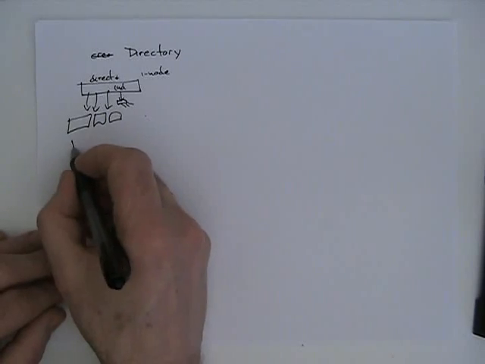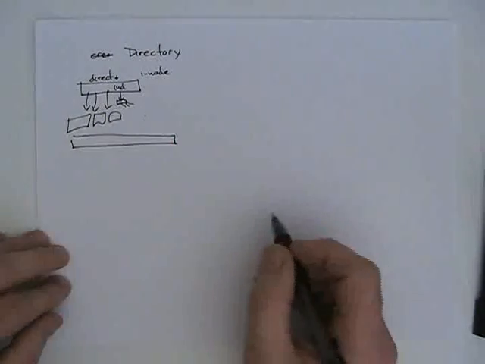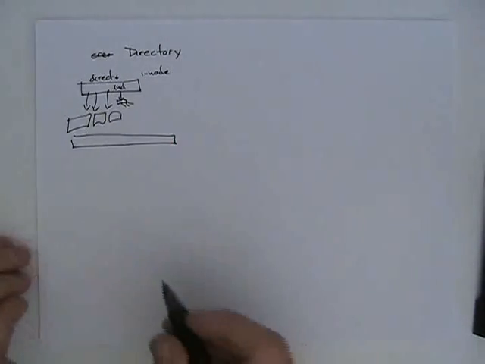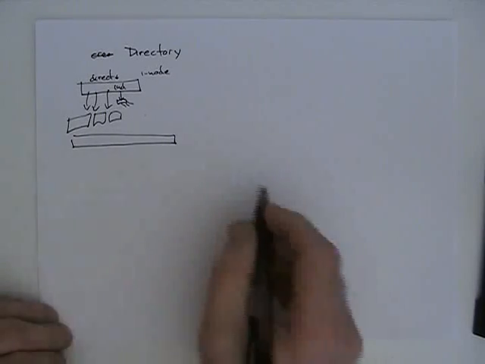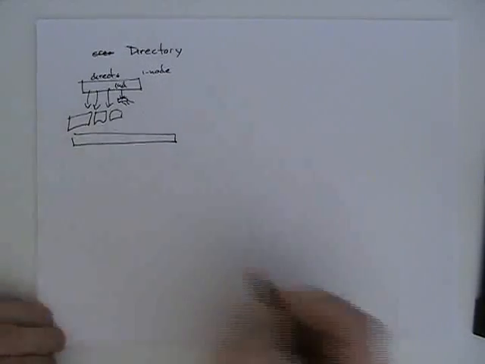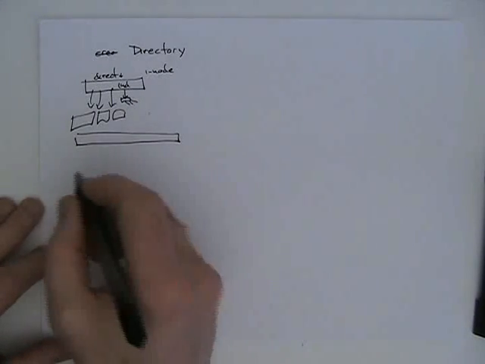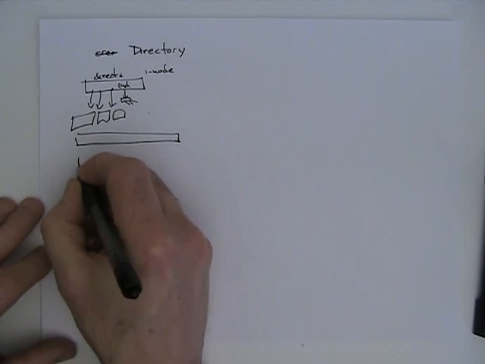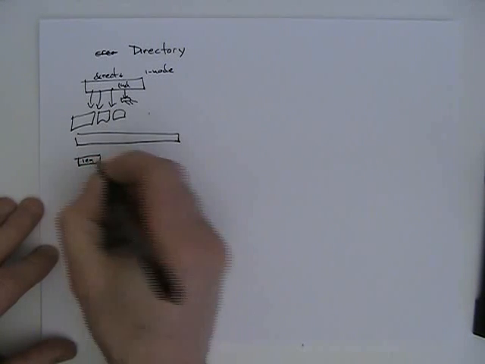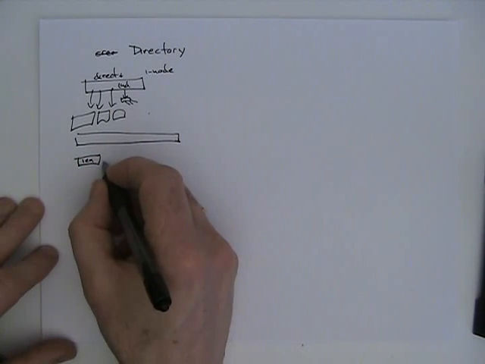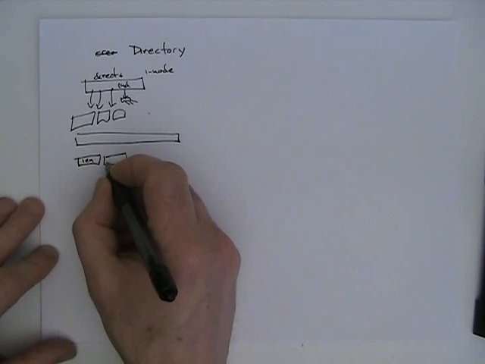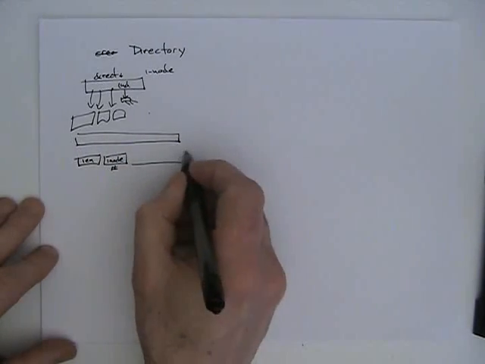So we can look at the contents as just being this contiguous space, and inside this we have variable length directory entries that have a length, and then an inode number, and then a name.